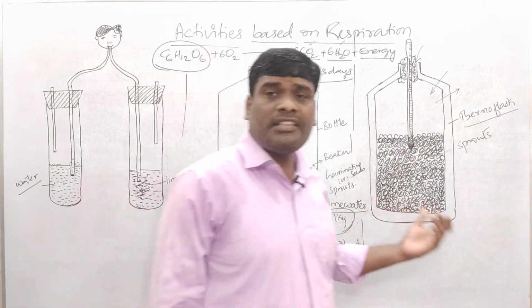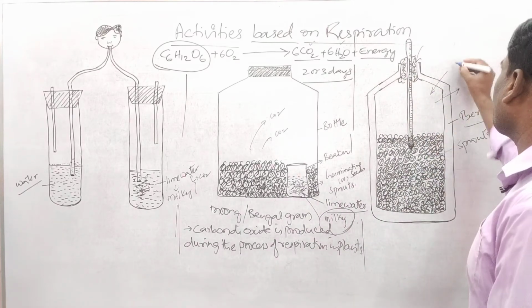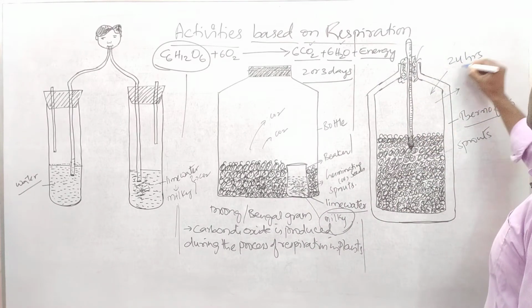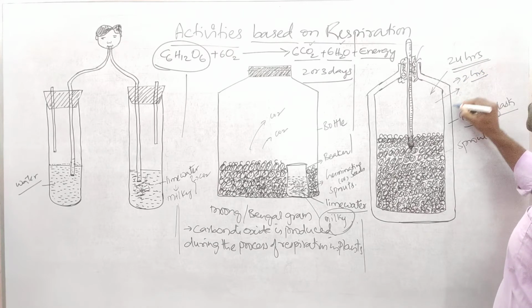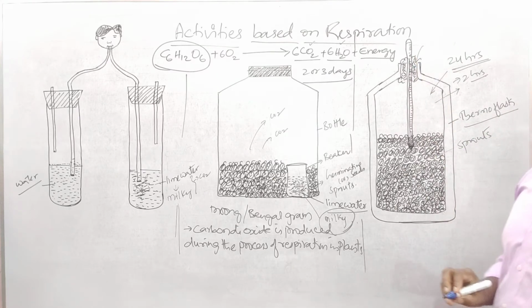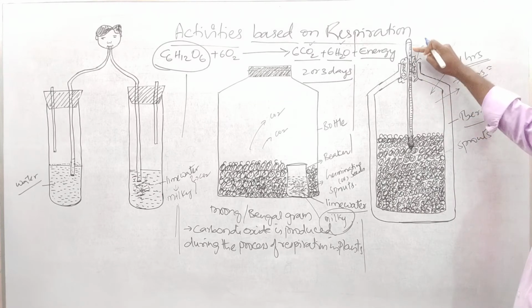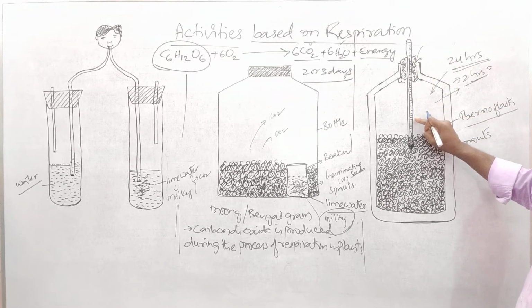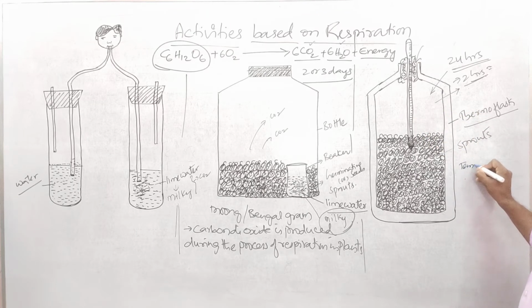And you keep this whole apparatus without disturbing it, children, for 24 hours, isn't it, for 1 day. And for every 2 hours, children, you just check the level of mercury in the thermometer. So what do you observe in this? For every 2 hours, if you check the mercury level in the thermometer, children, you find that there is a rise in the temperature, isn't it?